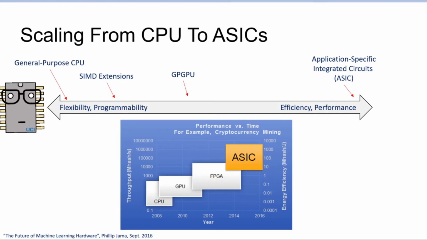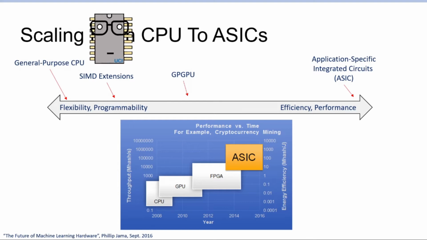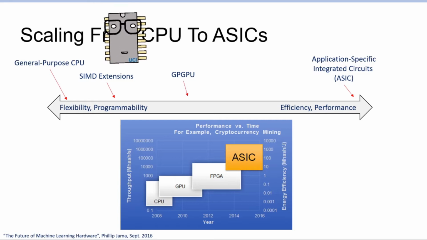And in the middle of this scale, we have things like SIMD extensions, which try to add a little bit more computation density to general purpose processors. But as you probably noticed when trying to use AVX in relation to Lab 1, it's not as seamless or transparent as the other features in the CPU are.